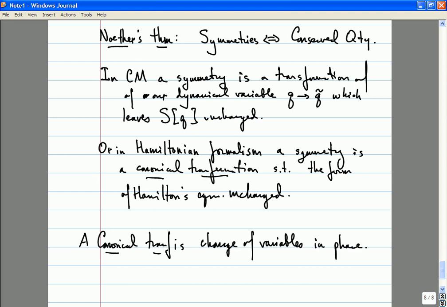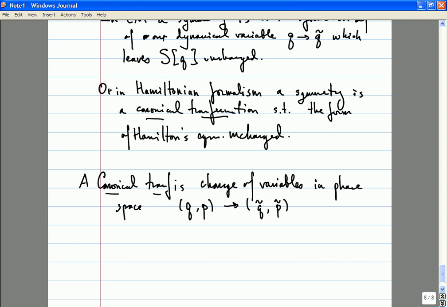So instead of describing a system in terms of a position and canonical conjugate momentum P and Q, we will use a new position and conjugate momentum Q tilde and P tilde, which preserves the fundamental Poisson bracket, so that the Poisson bracket of Q tilde with P tilde is equal to 1.